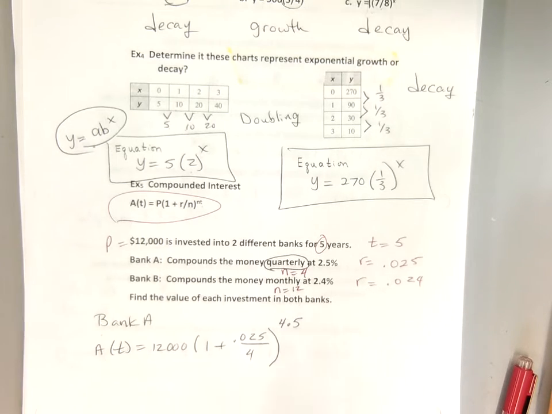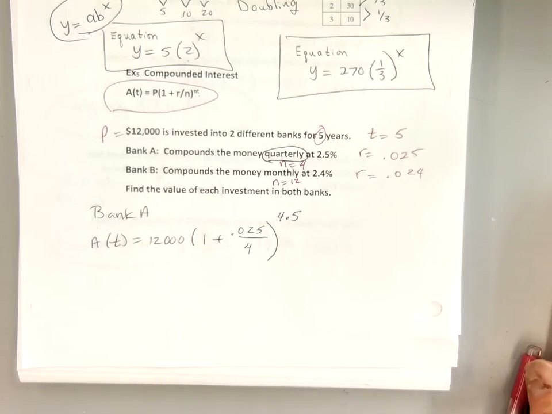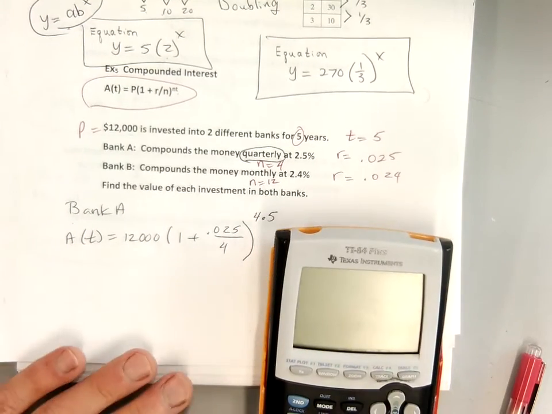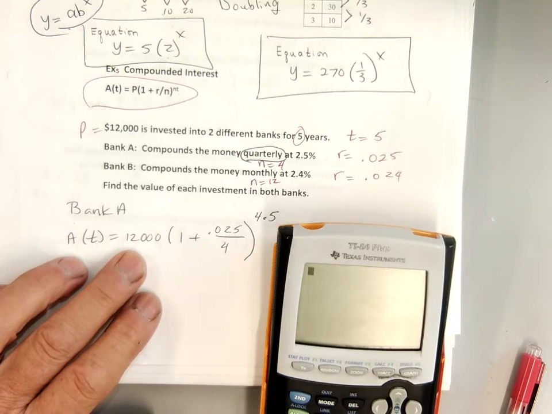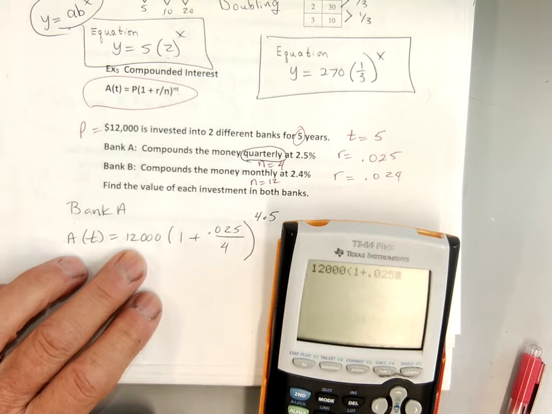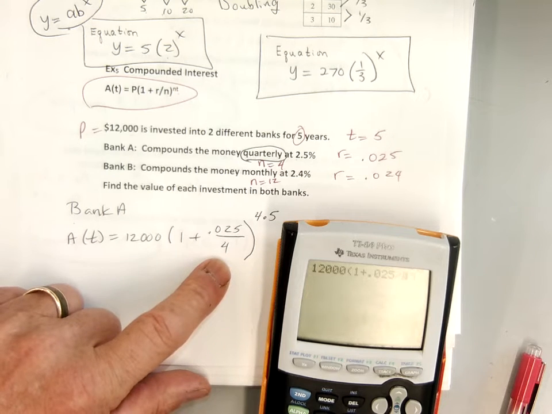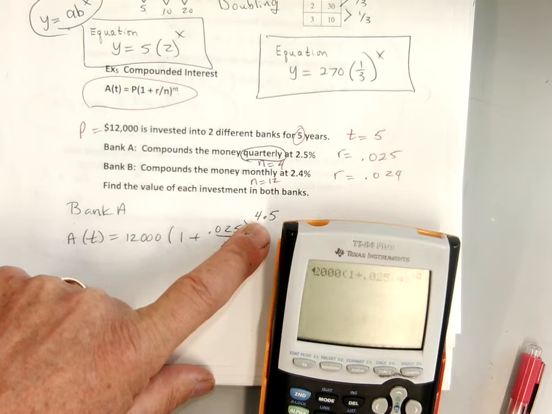Write that down. There's Bank A. I'm just going to use my calculator to find out how much money I have in the bank after 5 years. So in my calculator, I'm going to type it in: 12,000, parentheses, 1 plus 0.025 divided by 4, to the 4 times 5 power, or the 20th power.